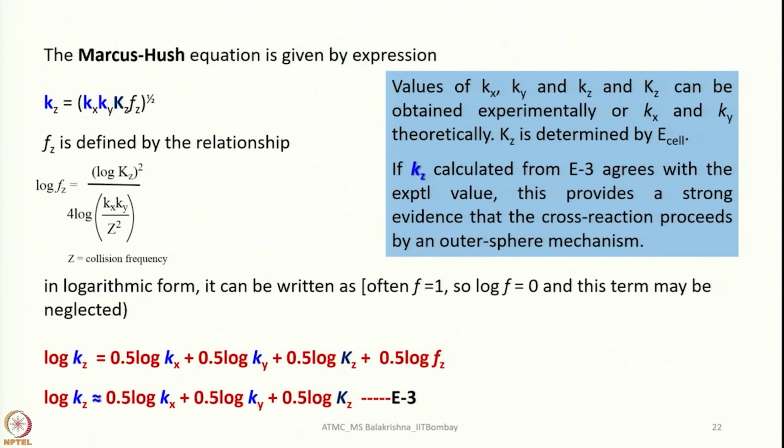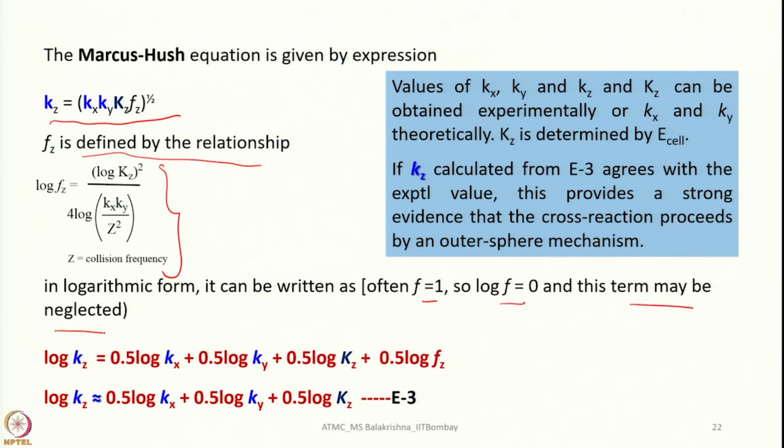So, this Marcus-Hush equation is given by this expression, and of course f is defined by a relationship something like this. In logarithmic form, often f equals 1, so log f becomes 0 and this term may be neglected.